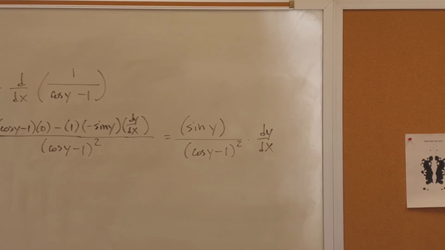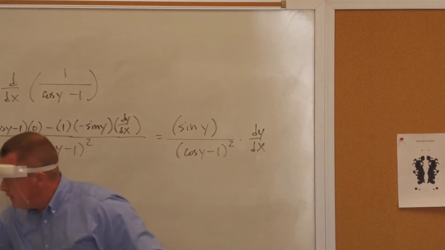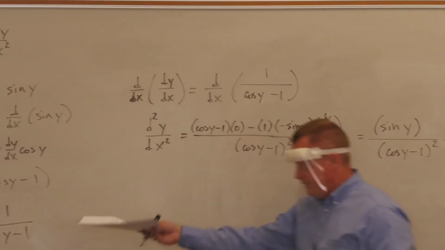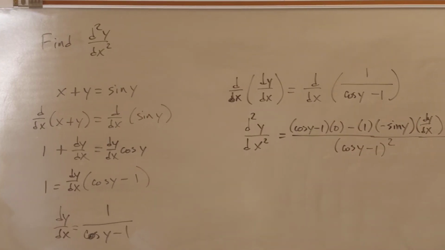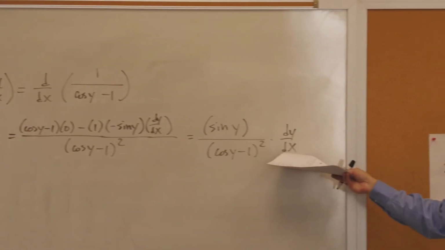Almost there. We just got a few minutes. Well, what does dy/dx equal? It equals that right there, doesn't it? So that's dy/dx. So when you get the second derivative and you get it reduced, you probably will have a first derivative in it.